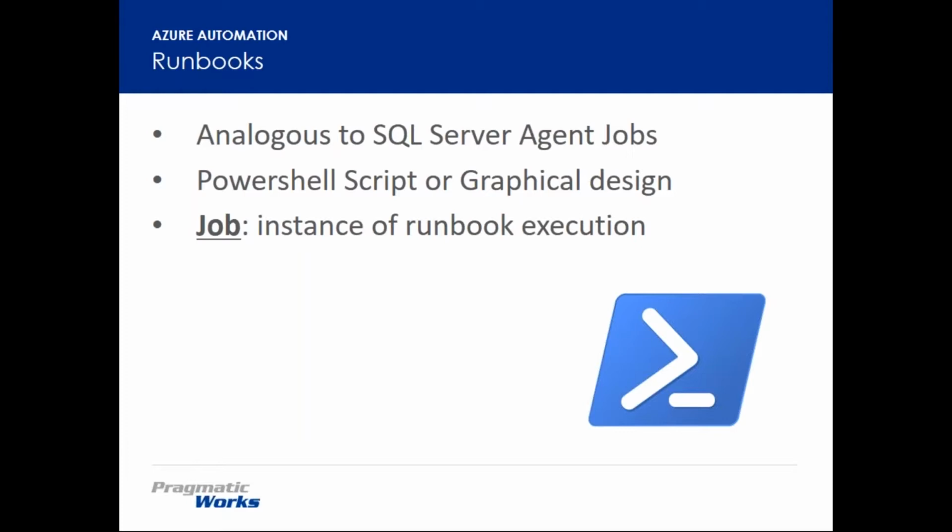For the purpose of today's talk, it's fair to compare a runbook to a SQL Server Agent job. Certainly they're not the same, but it's the same idea: a unit of work that can be scheduled to run when we need it to.